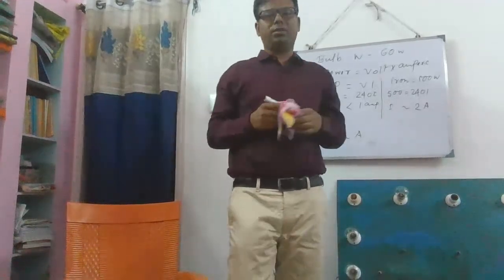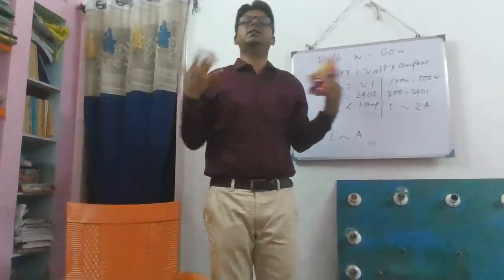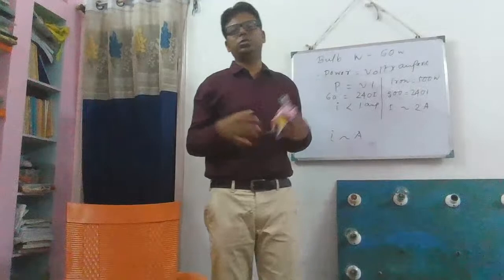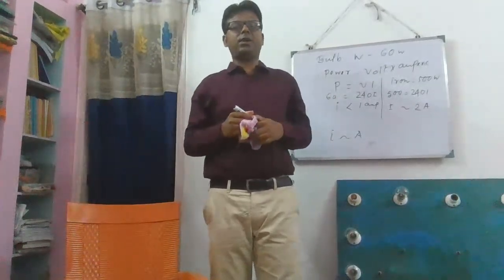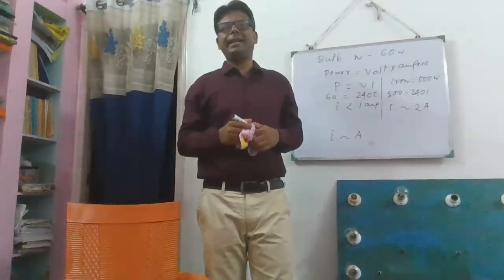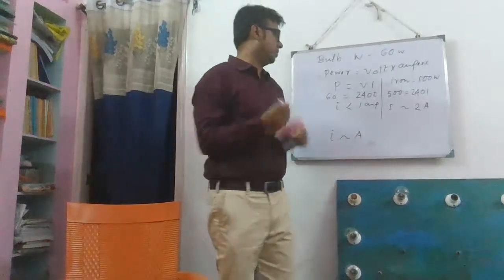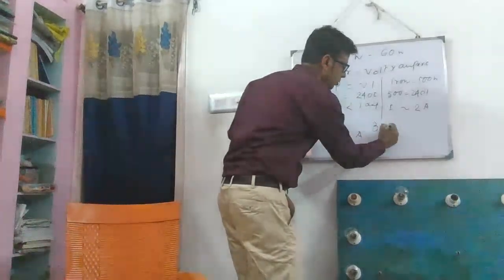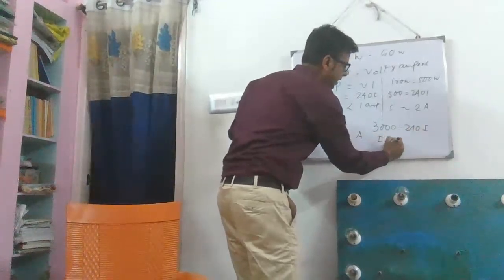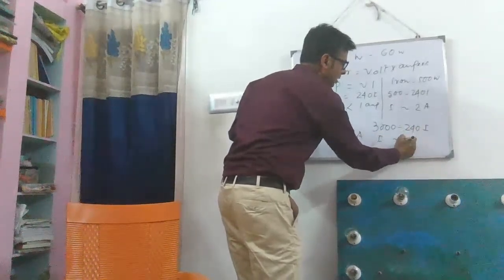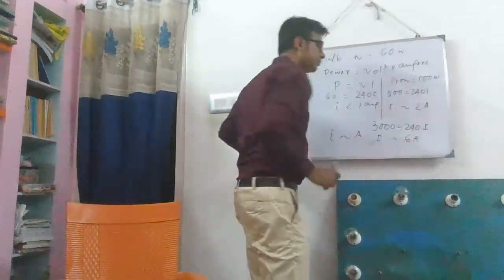But in the case of AC, the wattage power is 2500 to 3000. So in an AC, 3000 equals 240 into I, so I is nearly 6 ampere.